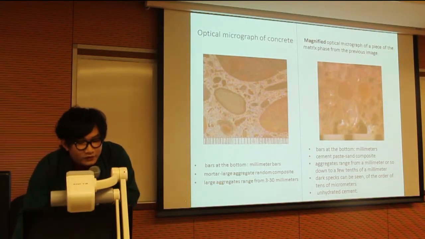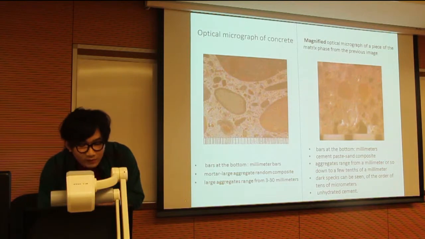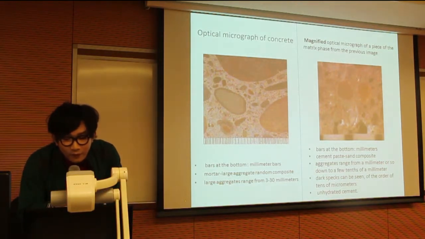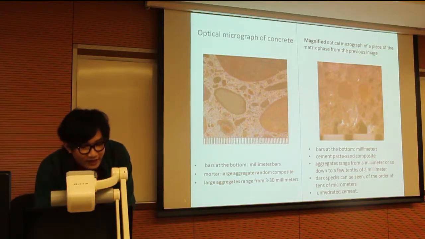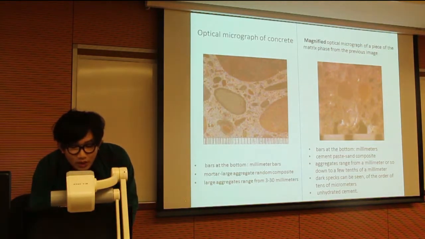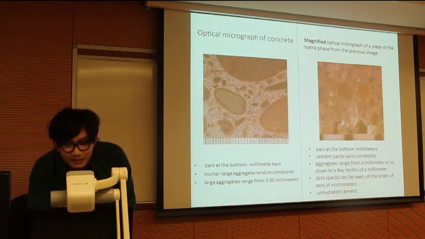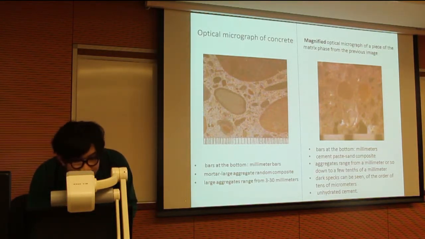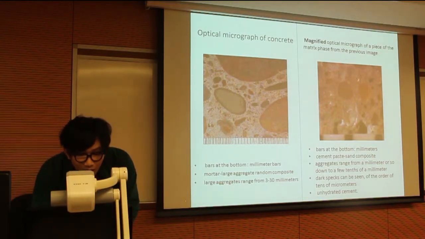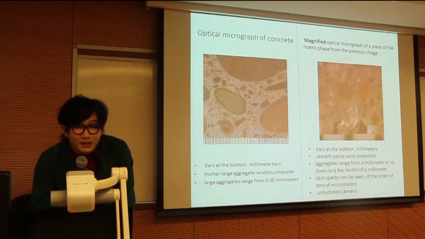So now let's move on to the right picture. The top right image shows a magnified optical micrograph of a piece of the matrix phase from the previous image, where now the mortar is itself seen to be a cement paste sand composite. The bars at the bottom of the image are again millimeters.